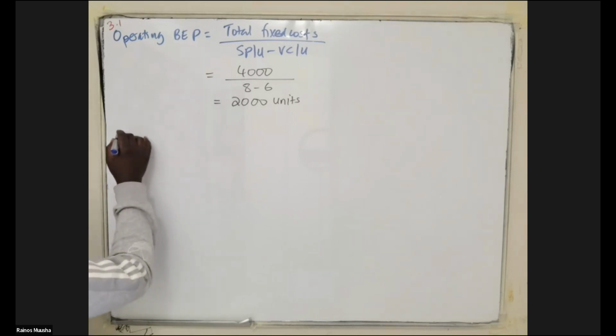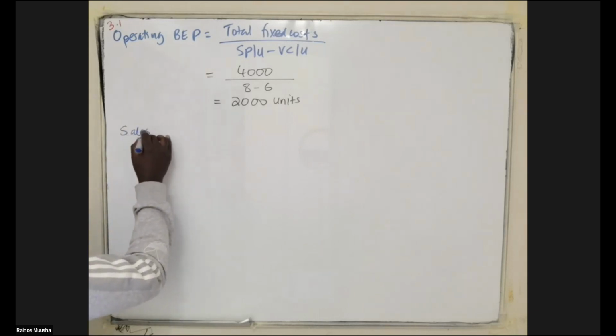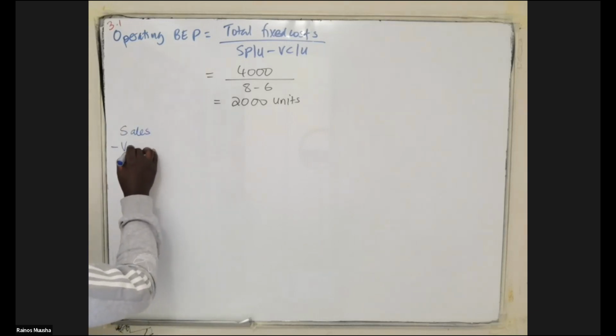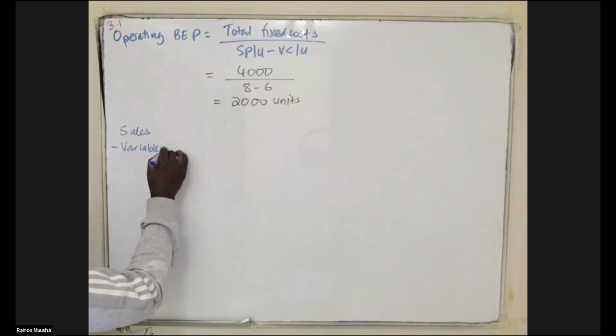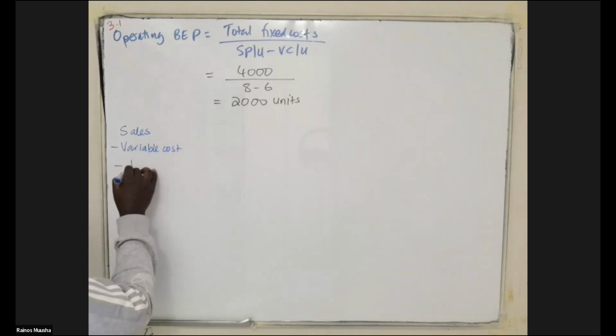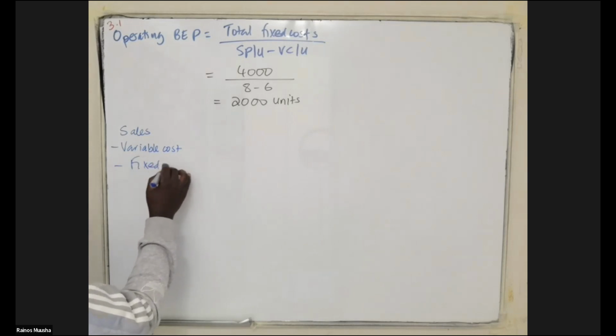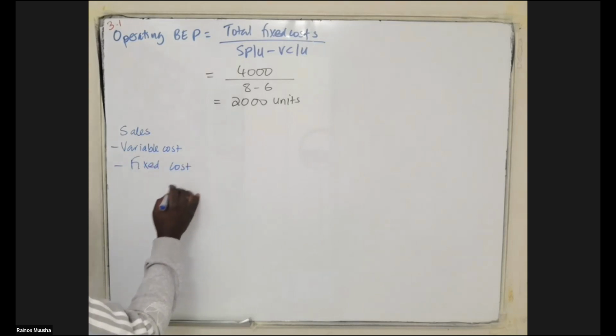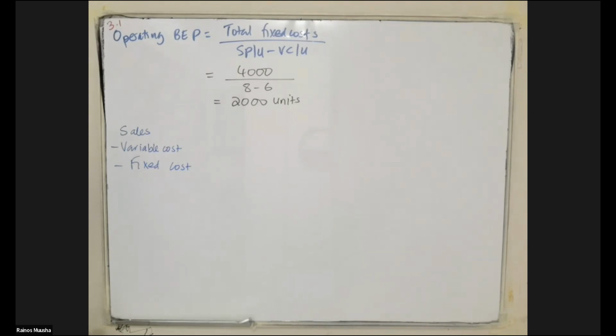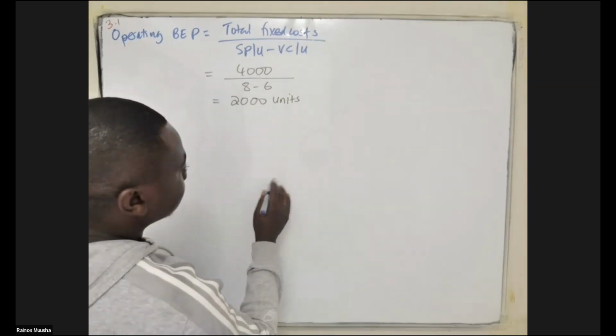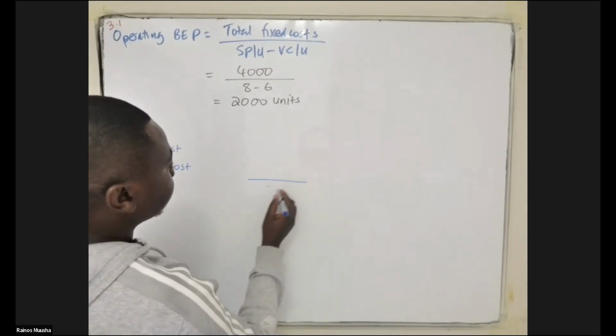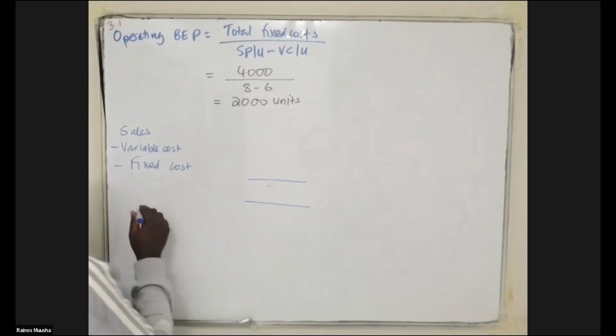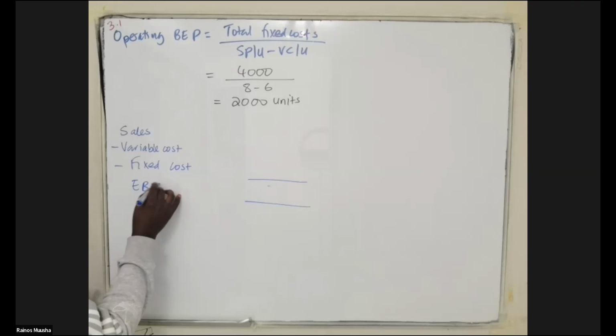our sales minus variable costs minus fixed costs, and this will give us the earnings before interest and tax.